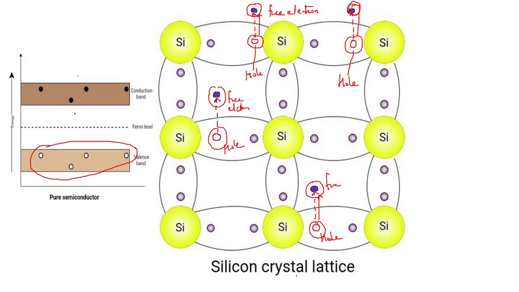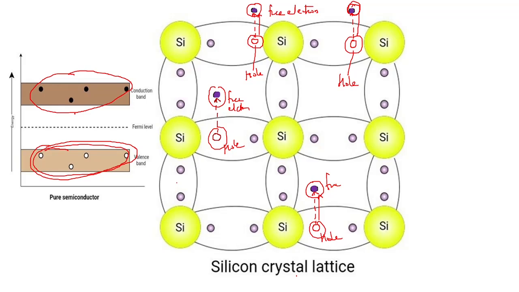Those free electrons shifted to the conduction band. As they became conducting electrons, they came to the conduction band, and the places from where they had come are the holes, which are situated in the valence band. You can see this in the energy band diagram.